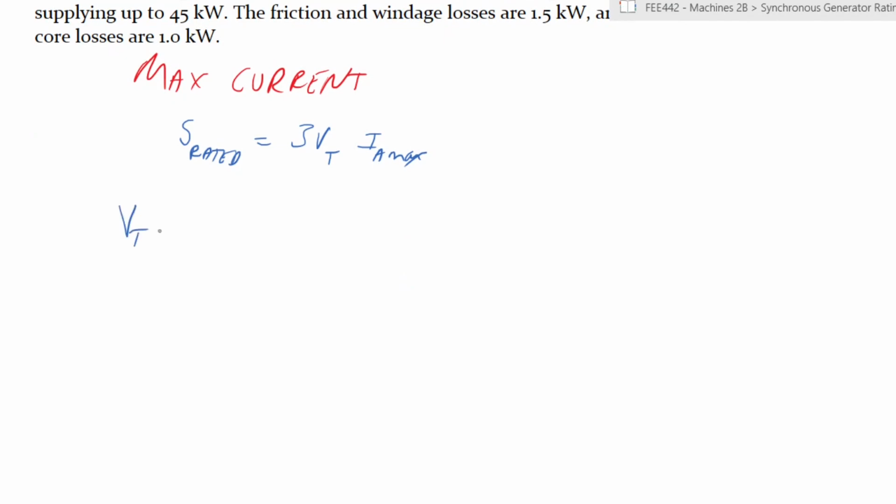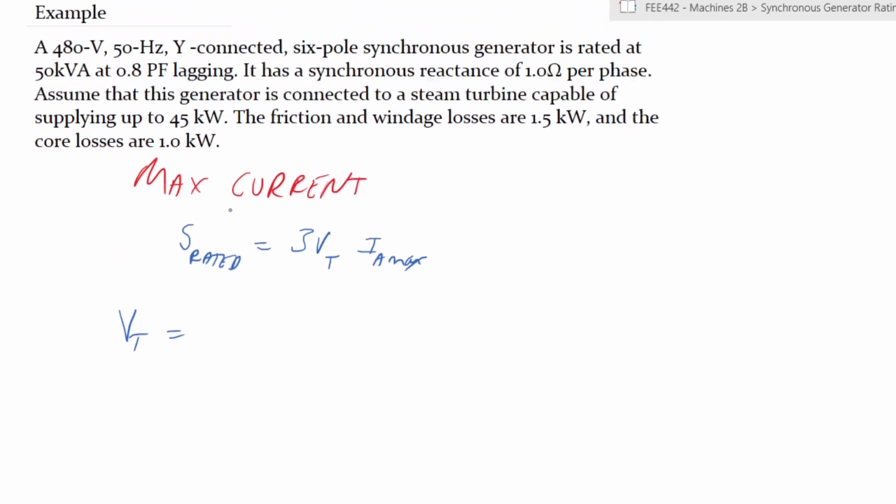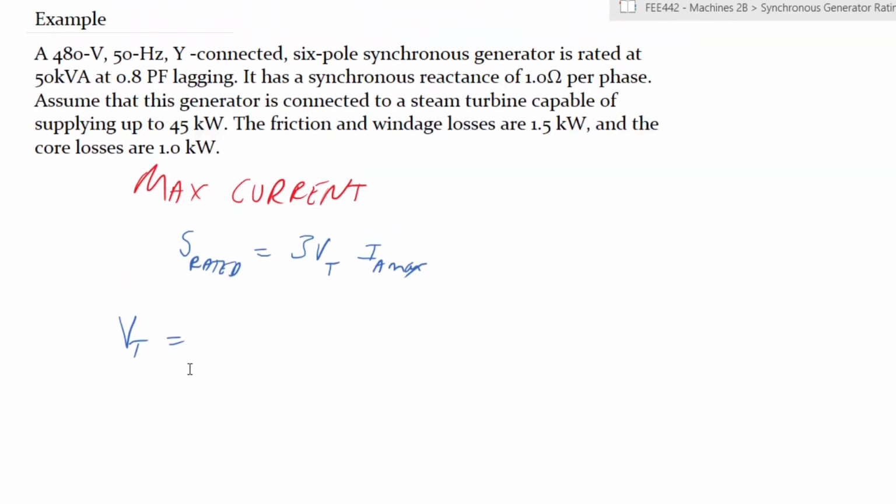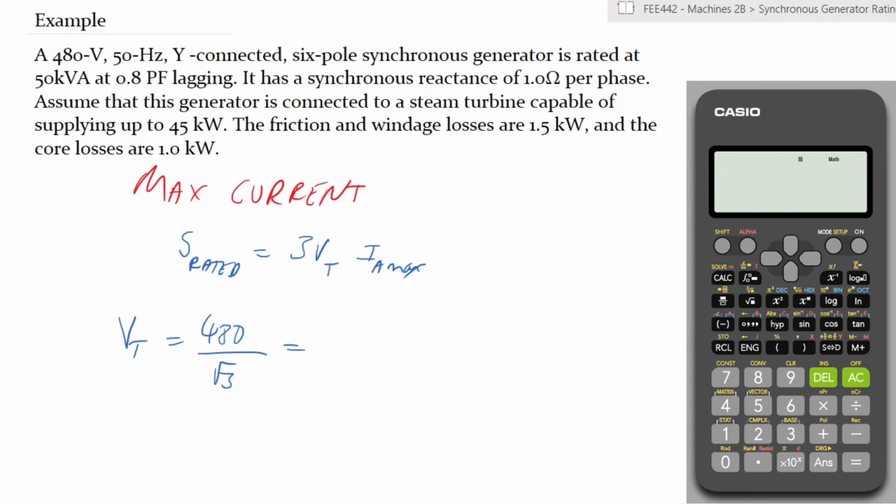Now this is star connected, so VT, the phase voltage at the terminals, is 480 over root 3, which is, let's bring out the calculator, 480 divided by root 3, which is 277.13 volts, right?